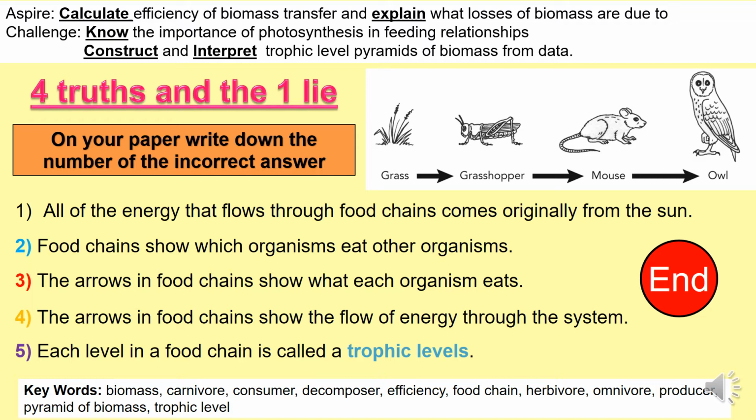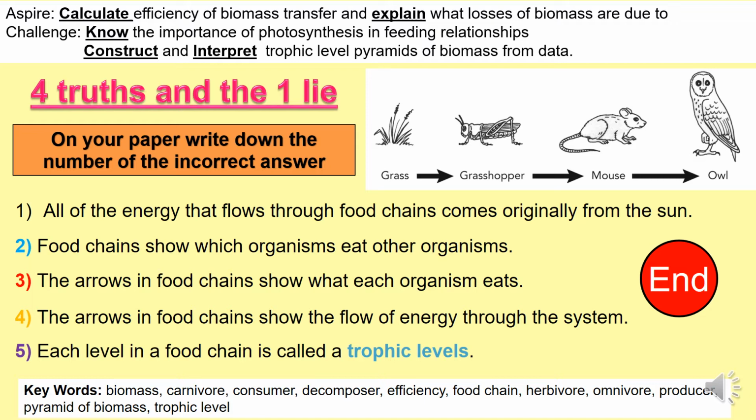Number 2, food chains show which organisms eat other organisms, and again, that is a basic correct sentence. But now we have more detail with sentence 3 and sentence 4, which are referring to the arrows. So the arrows in food chains show what each organism eats. Sentence 3 I've just read.